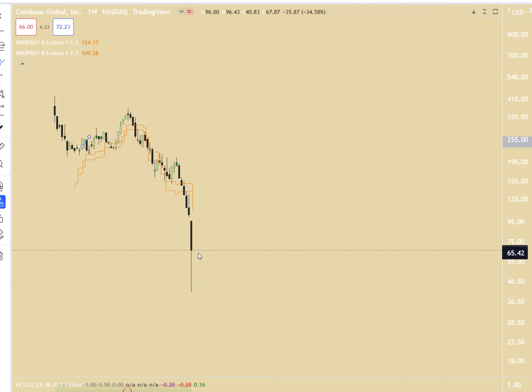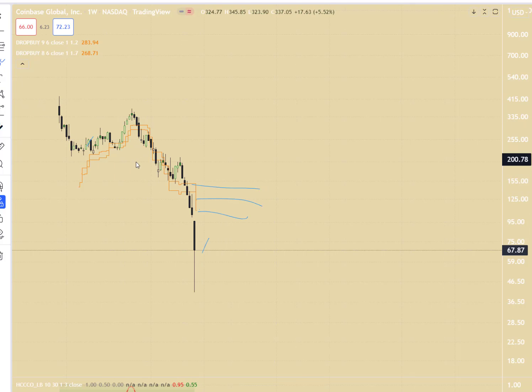So, if we can form an up week on this, then we could retest this, some of these, this usually acts as resistance. So you've got a potential, but if we get a small week, let's say this, if we get something like this, it would be a very low risk entry.